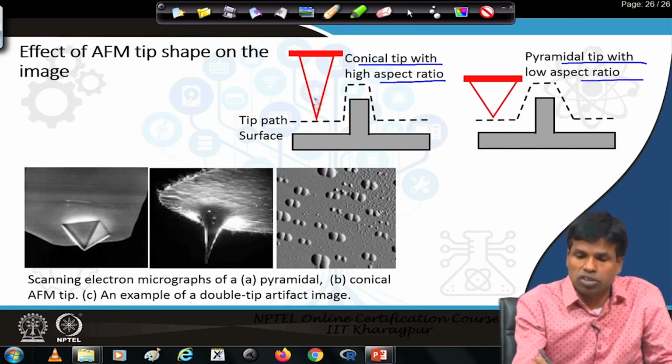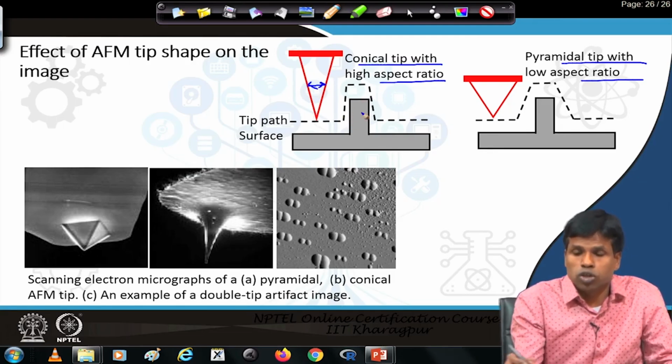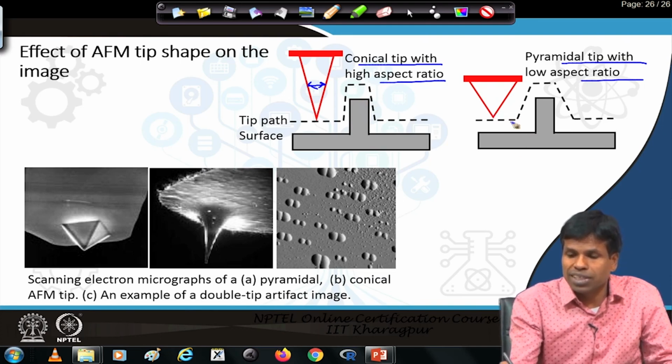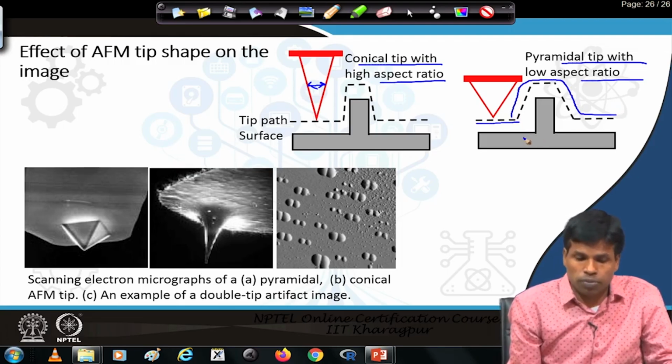Because of the high aspect ratio, it can come downward a little closer to the sample, and because the thickness of the tip is small, it could give a better resolution compared to a pyramidal tip, which cannot come very close to the features of the sample. It has to move in this range, therefore the resolution is poor.